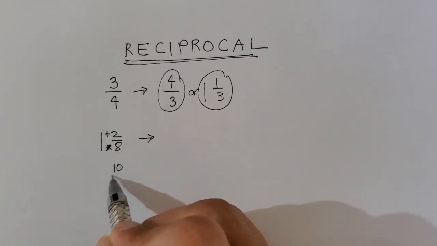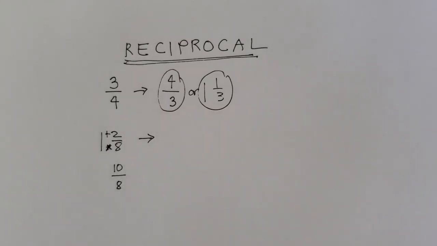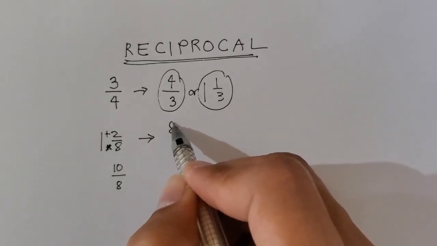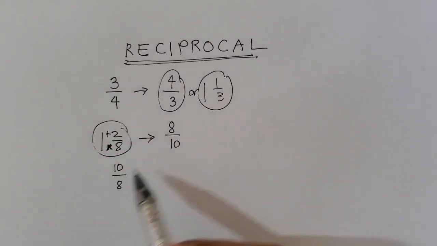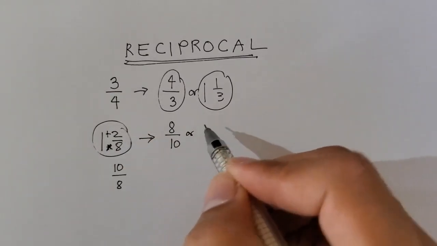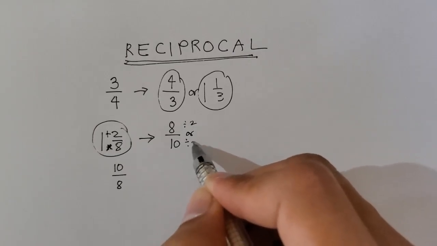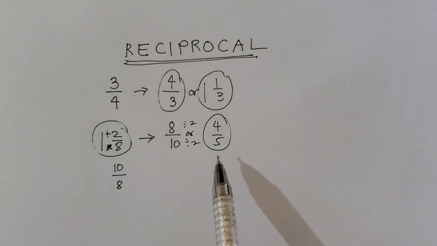Then copy 8 as the denominator. Then that's the time that you write its reciprocal, which is 8/10. So the reciprocal of 1 and 2/8 is 8/10, or that could still be expressed in simplest form, dividing both by 2, which is equal to 4/5. That's the reciprocal of 1 and 2/8.